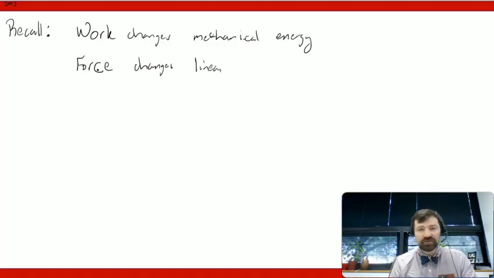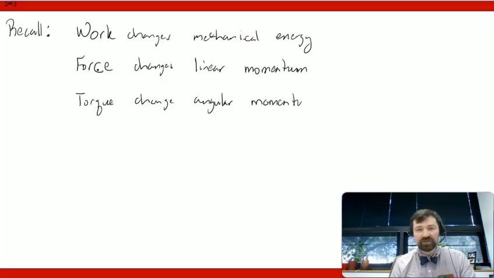So if you want to change the linear momentum of a system or of an object, you must apply a force to that object from outside, and torque is what you do if you want to change the angular momentum. So applying a net torque to an object changes the object's angular momentum.